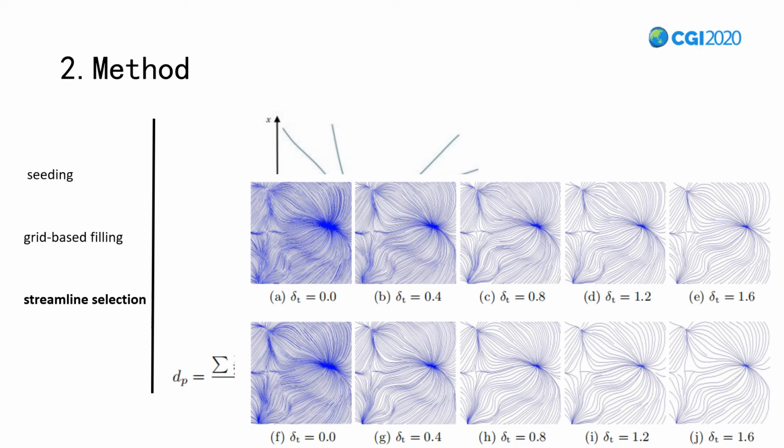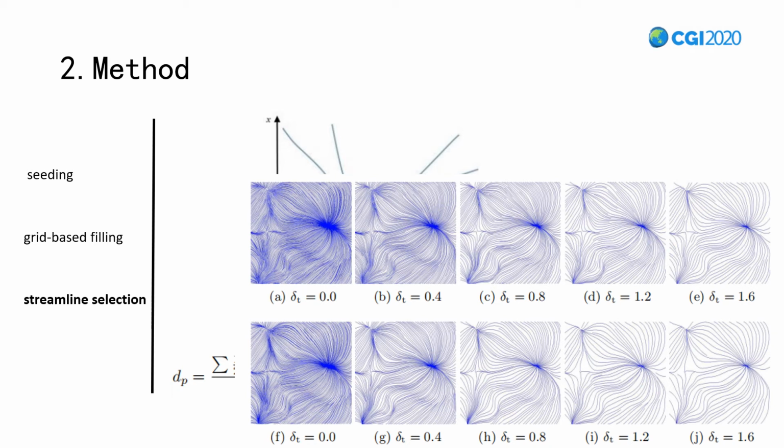Figures A through E and F through G show the visualization results with grid resolution 250 times 250 and 200 times 200, when the distance threshold is 0.0, 0.4, 0.8, 1.2, and 1.6 respectively.